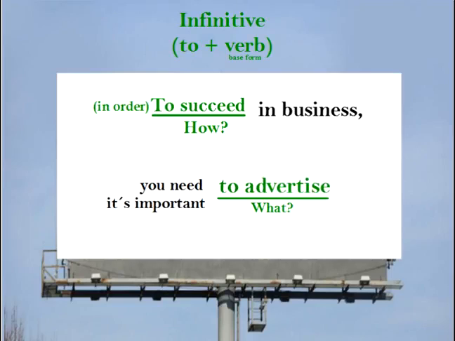And that's describing what. There's my verb need, which I often use with the infinitive, and there's my verb to be, which I also use with the infinitive. So in order to succeed in business, you need to advertise. Or to succeed in business, it's important to advertise. So again, using the infinitive to describe how and what.